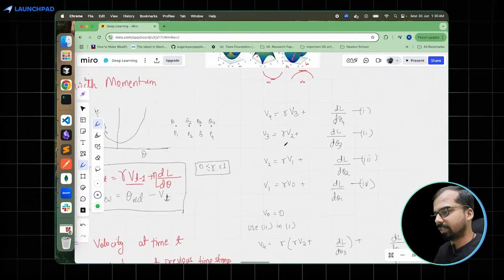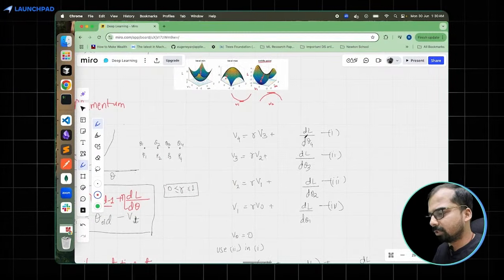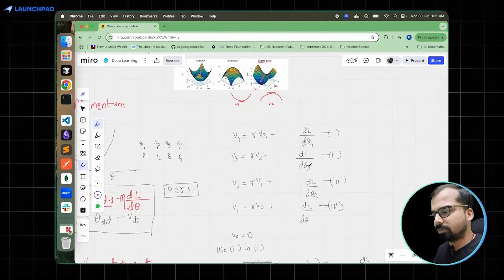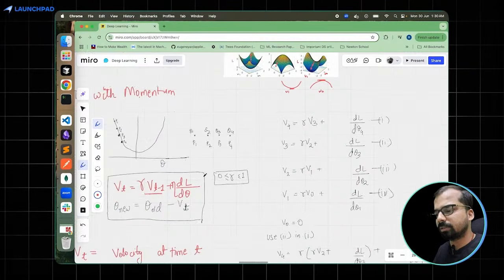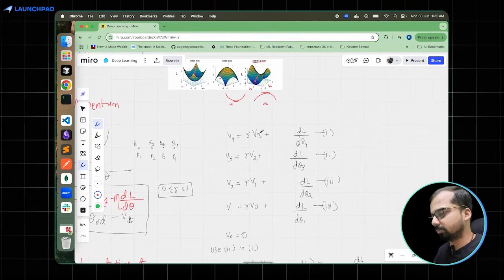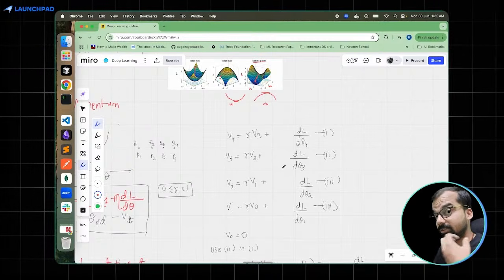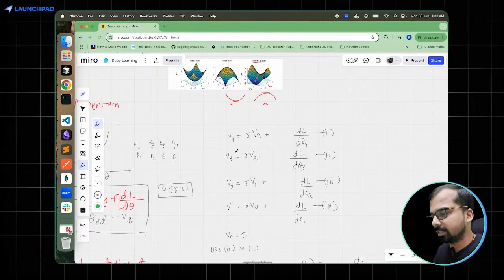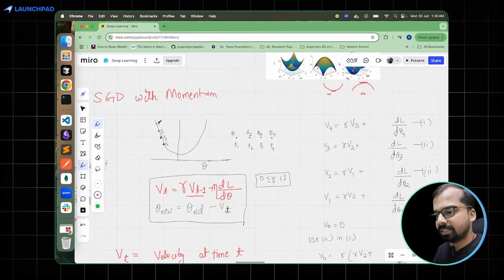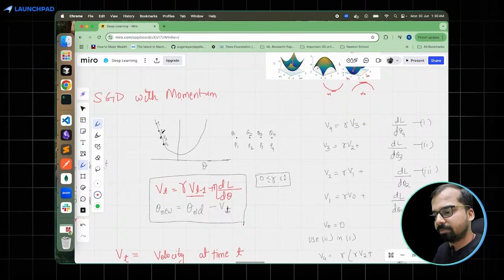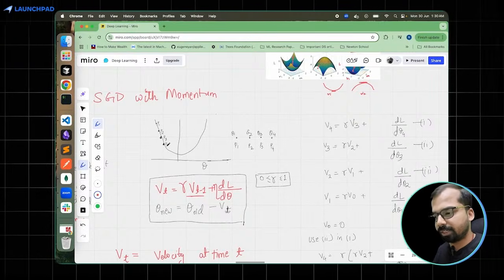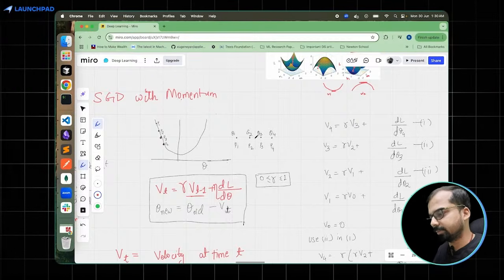To see that in an equation mathematically, we can come over here. I have not used the learning rate over here, but you can use the learning rate also, because ideally there is a learning rate. But to illustrate the fact that we are accumulating past gradients, let's say I am at point P1, P2, P3 and P4. I was moving through these points, okay?